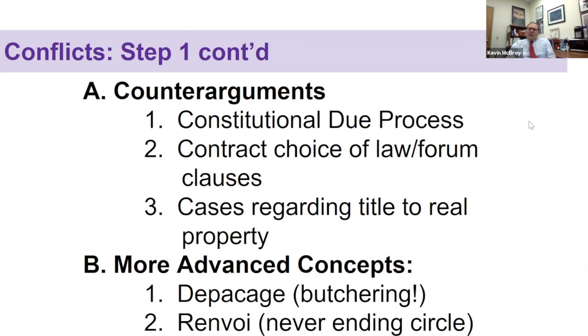So you can overcome a choice of law provision that talks about title to property, which doesn't exclude real property. This is something you'd have to bring up in an answer to a bar exam question. Well, being that it's real estate located in Nebraska, Nebraska law should apply, if not actually be tried in Nebraska.